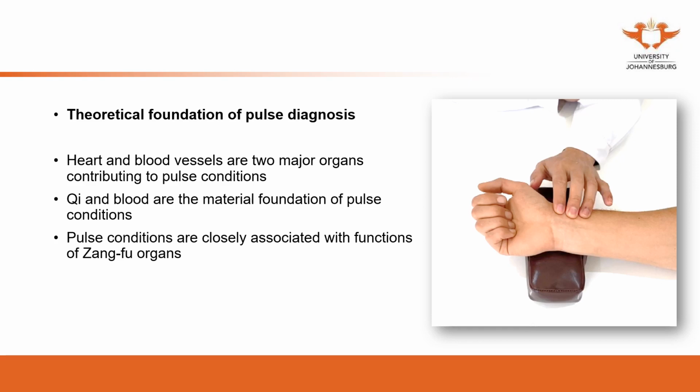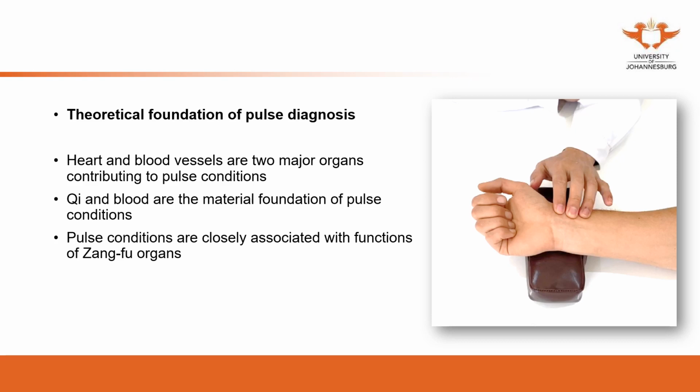So these two organs are very important to the pulse conditions. Changes to these organs also can result in changes in the pulse feelings. The second is that the qi and blood are the material foundation of the pulse condition.